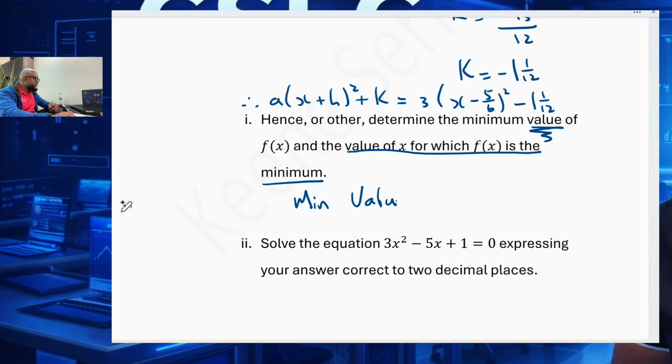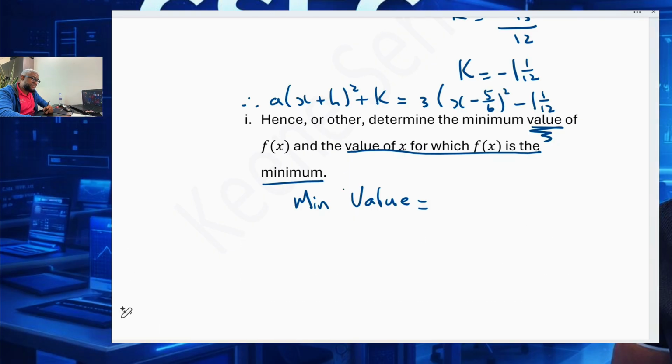And I gave you all a note above where I said that the value of x for which f(x) is a minimum is the axis of symmetry. So they are asking you for the minimum value and they are also asking us for the axis of symmetry. Minimum value is the value of k proper, so this will be negative 1 and 1/12.